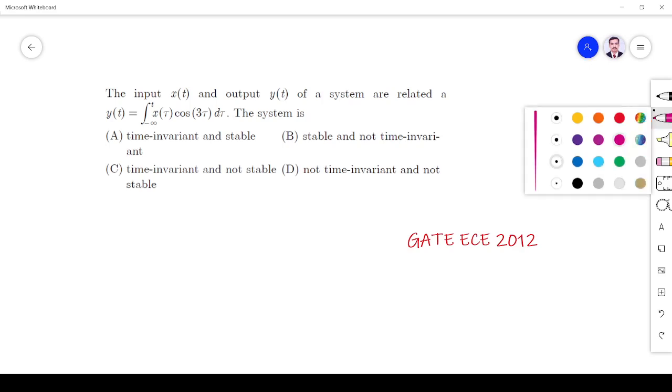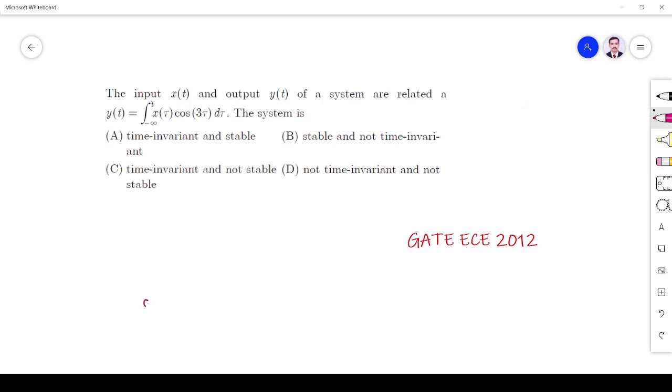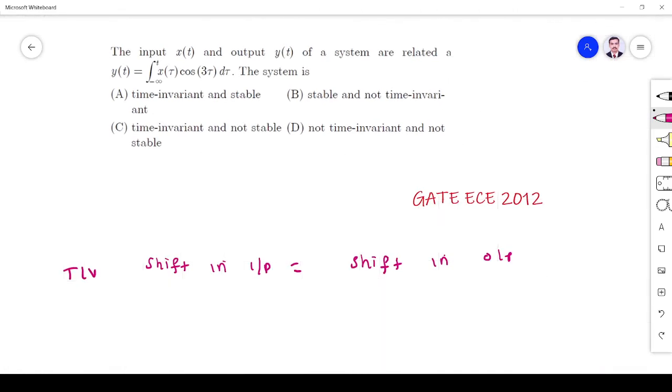For a system to be time invariant, shift in input must be equal to shift in output. If this condition is satisfied, then the system is time invariant. So let us see what is shift in input.